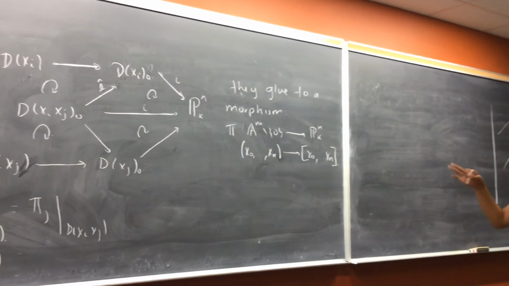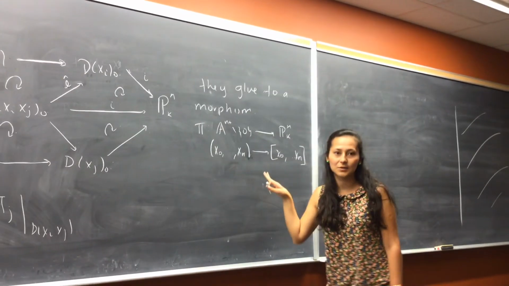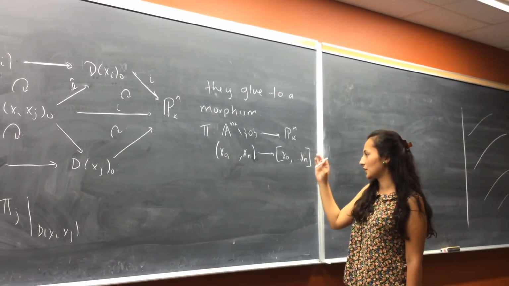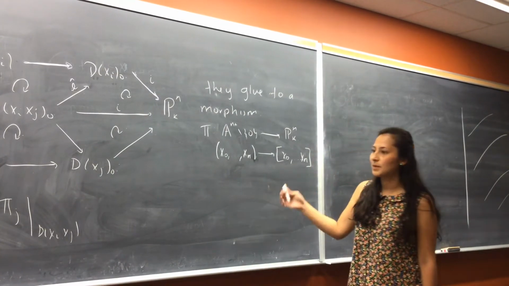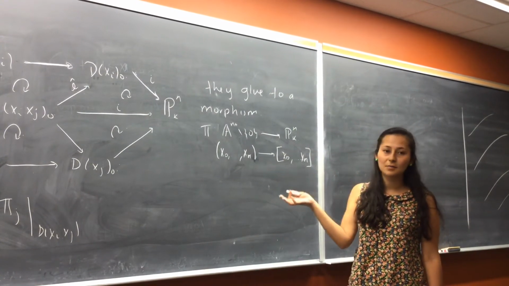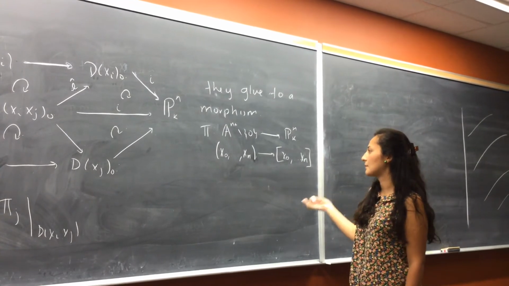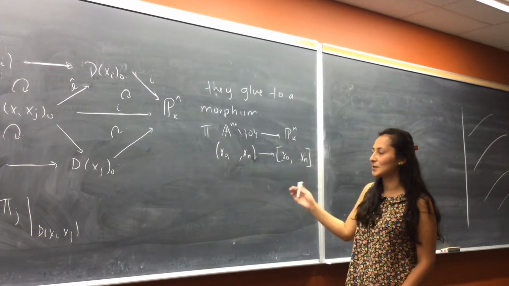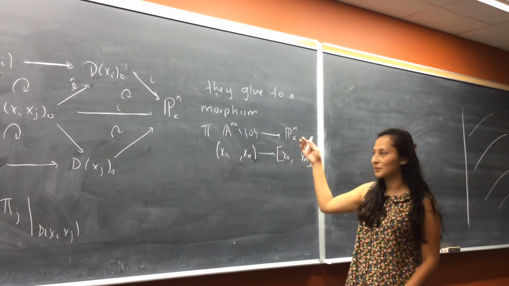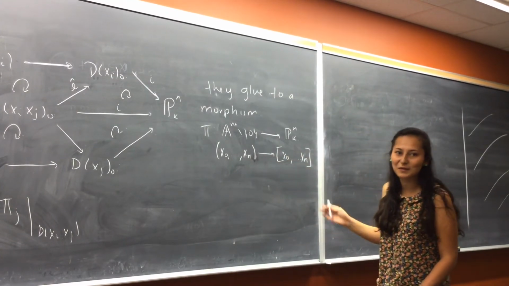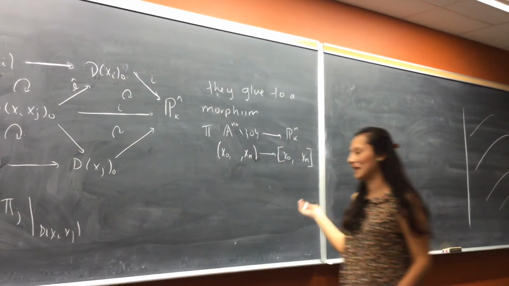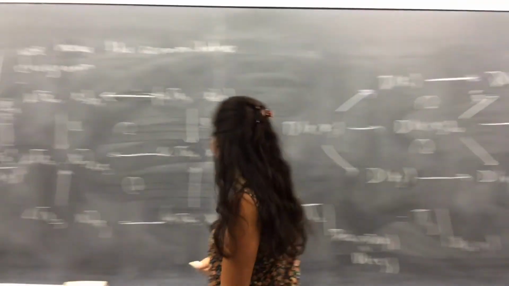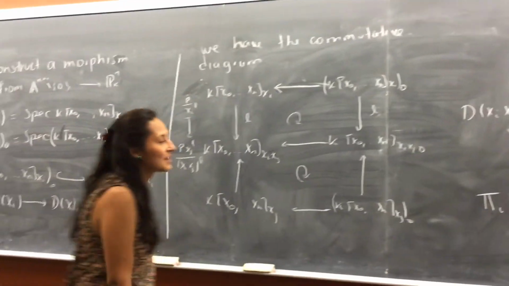I don't know if it is obvious that this map would be this one. For me, I had to think that I restrict this map and actually get the pi_i's maps and see that, yeah, they agree. So if they glue, they should glue to the same morphism, so this is correct. But I don't know if there's a simple way to see that this is the map at the level of points.